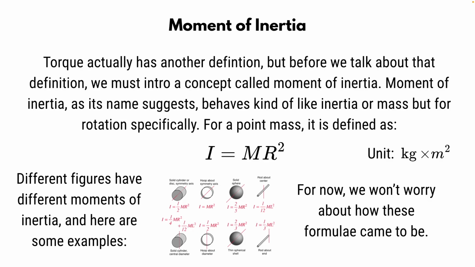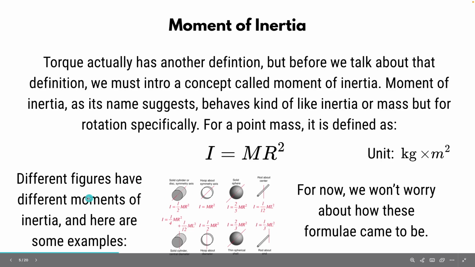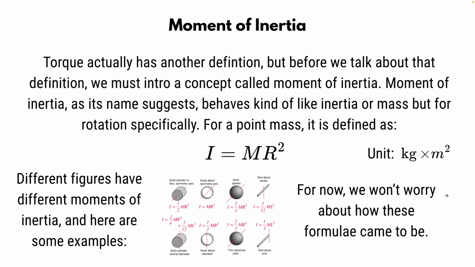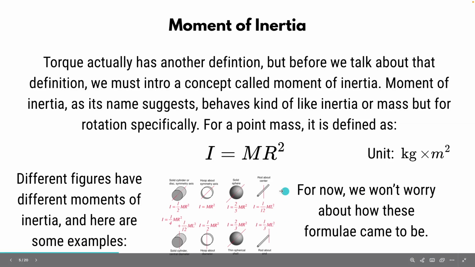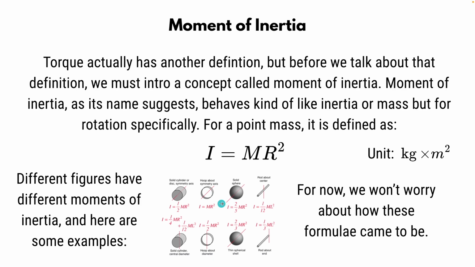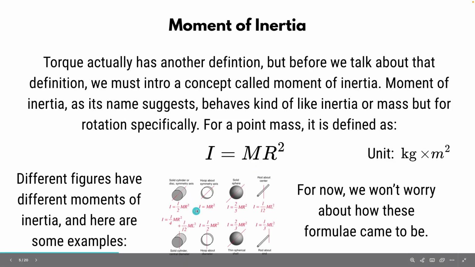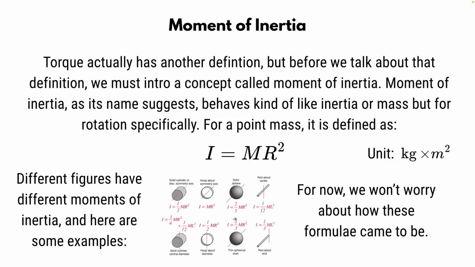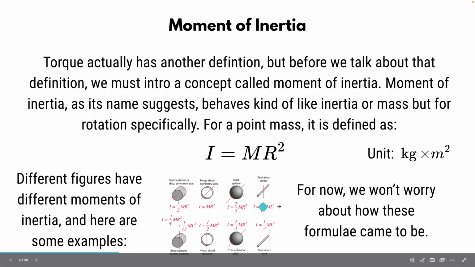We'll see that different figures have different moments of inertia, and here are some examples. For now, we won't worry about how these formulas came to be. If you're interested, I believe you can derive them with vector calculus, if I'm not mistaken. Typically for problems, you'll either be given the formula for moment of inertia, or you'll just be given the moment of inertia itself for the figure.